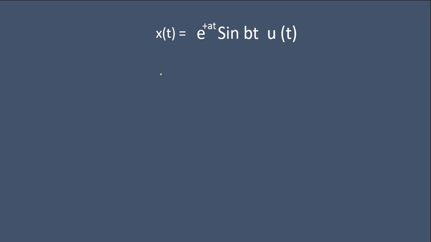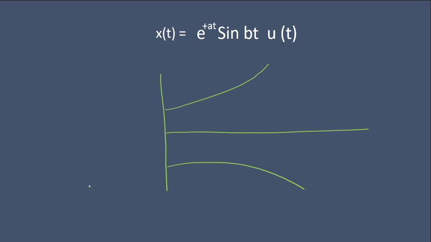Now we can plot this signal. Now e raised to plus at is an exponentially increasing signal. So it is something like this. We have to draw the mirror image as well. And between these signals, we have to draw the sinusoidal signal.